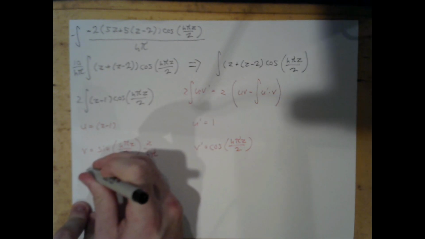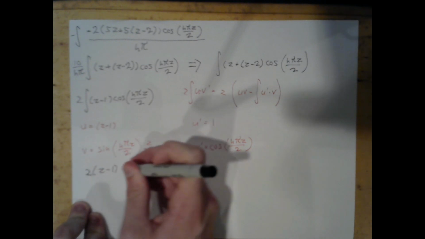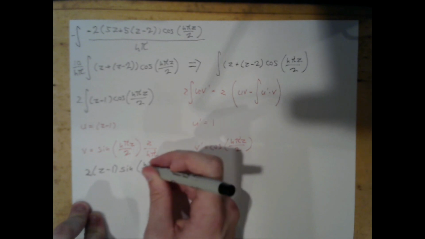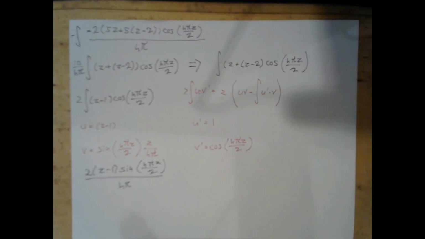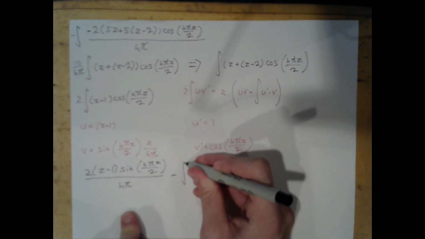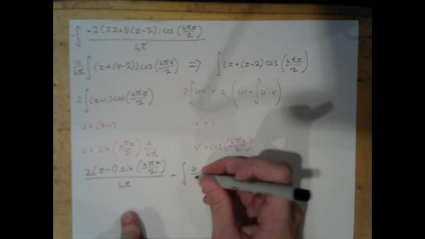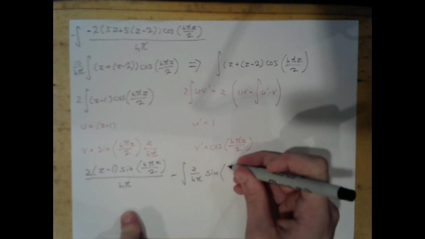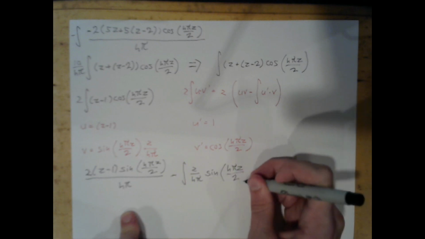We're going to get 2 times z minus 1 sine h pi z over 2 all over h pi. Okay, and minus the integral here of 2 over h pi times sine h pi z over 2.